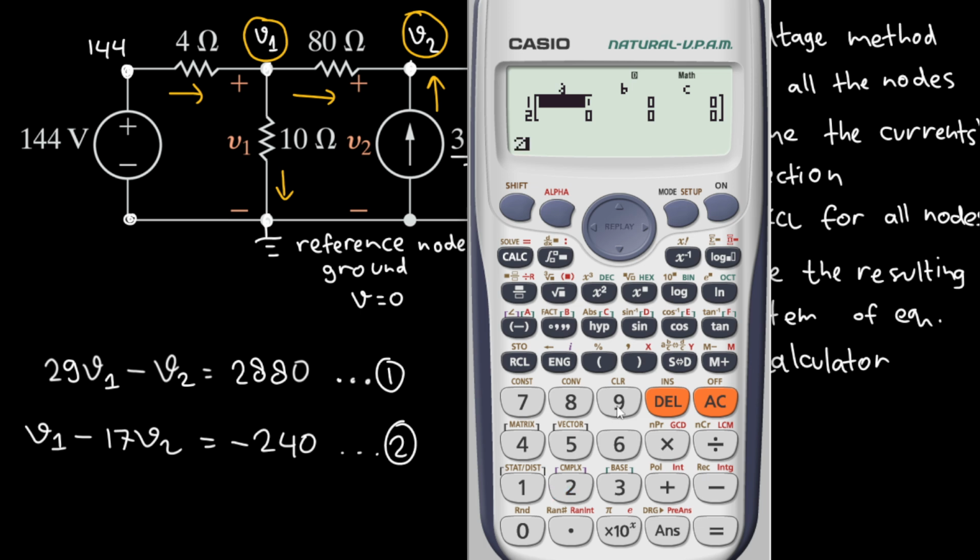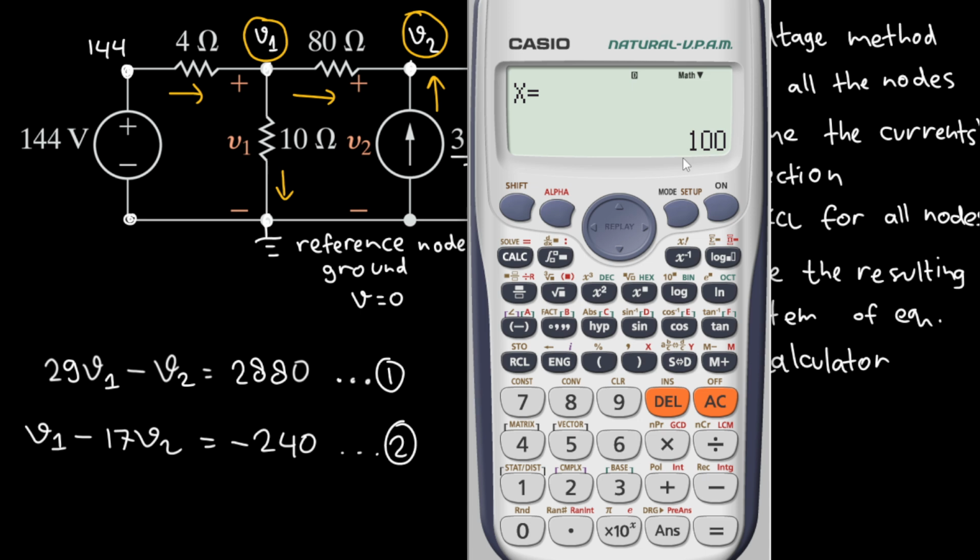So I will have 29 as the coefficient of V1, and then minus 1 as the coefficient of V2, and then the constant term will be 2880, right? And then this one, same thing, we will have 1 as the coefficient of V1, and then minus 17 as the coefficient of V2, and then the constant term is minus 240.